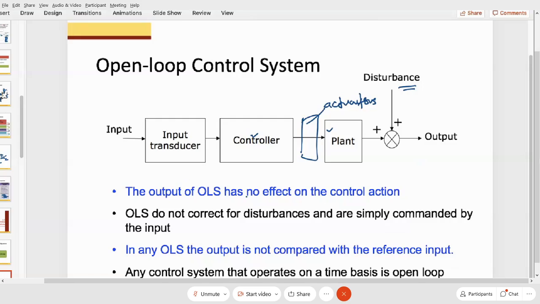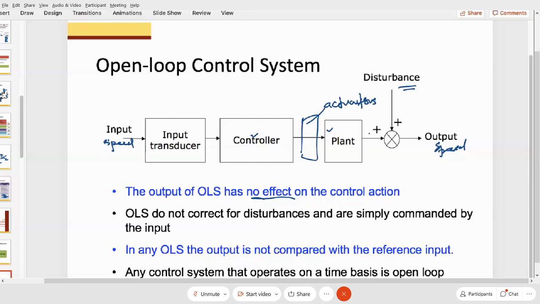So in an open loop system, the output has no effect on the control action. So no control action is taken if the output is not equal to the input. If the speed output of your fan is not equal to the input speed that you set, no action is taken.